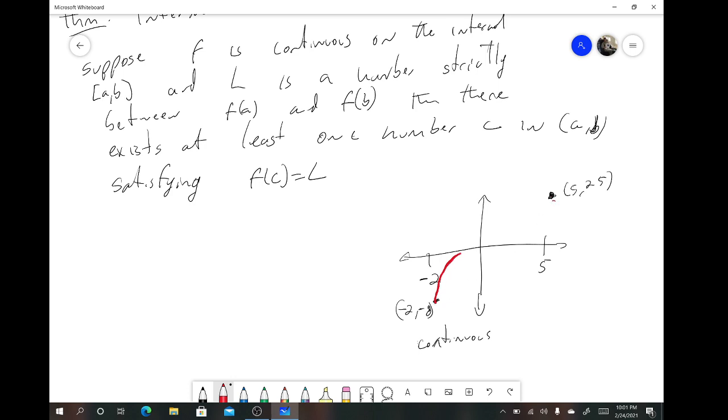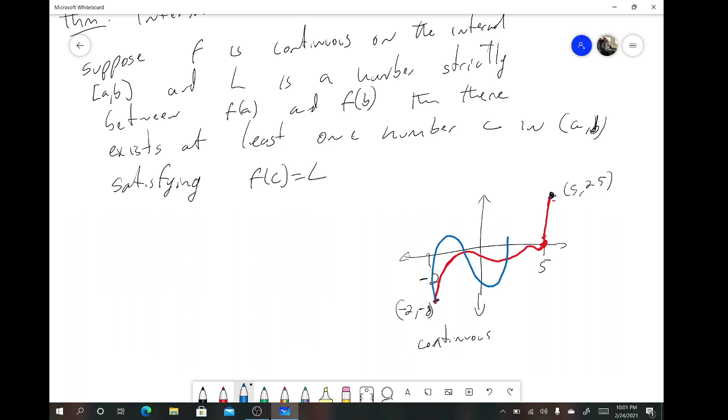Eventually you're going to have to cross the axis, because there's no way for you to get up here without crossing the axis if f is continuous, and we are saying it is. So you're going to have to connect it somehow, and it doesn't matter where you connect it, it's going to be continuous at every point, so you're going to have at least one x-intercept.